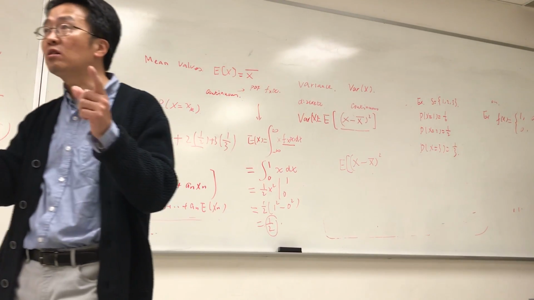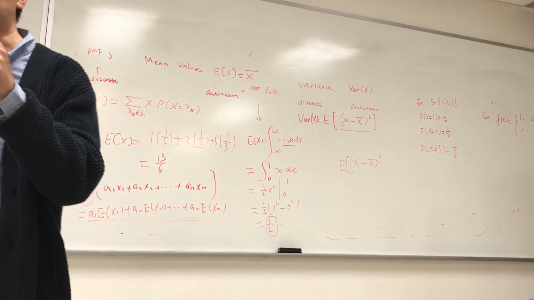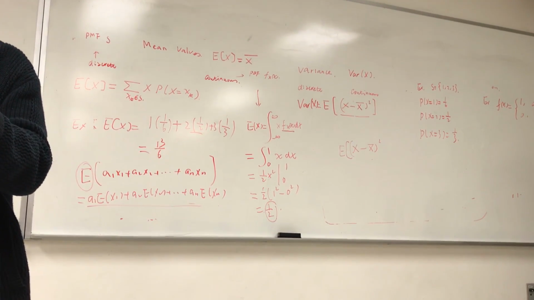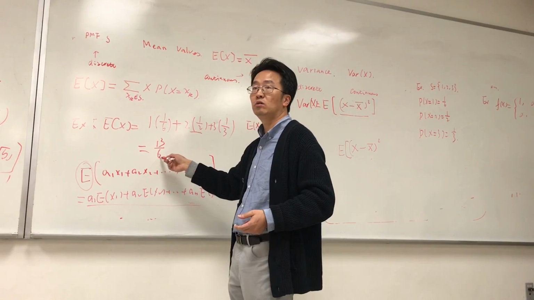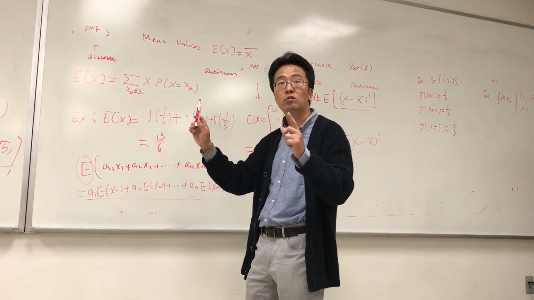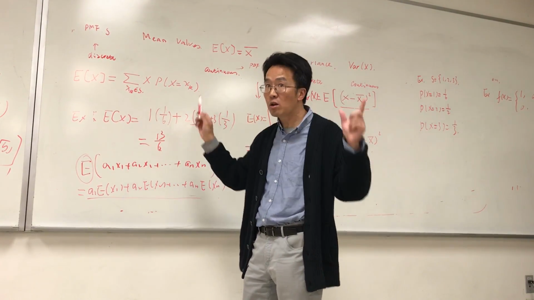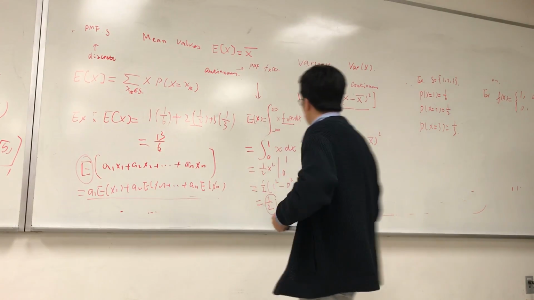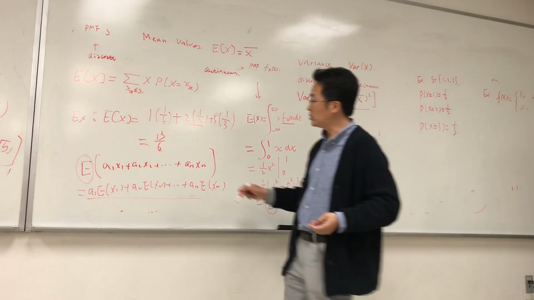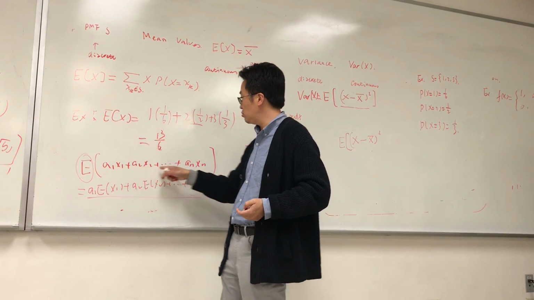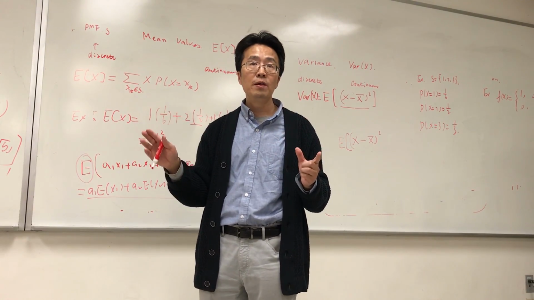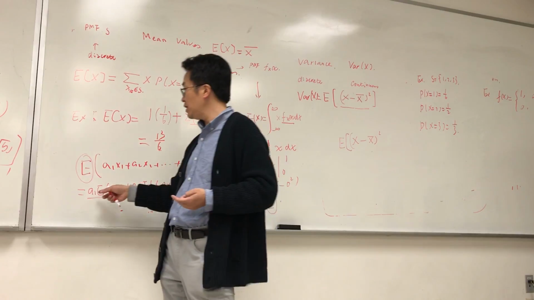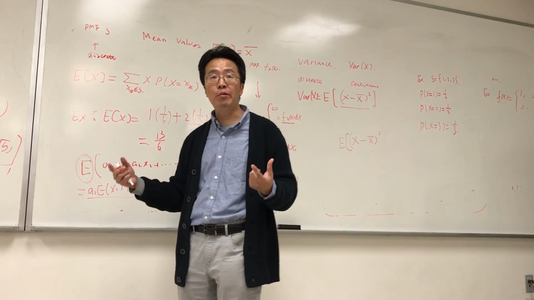It's not random anymore, it's deterministic. For example, in this case, the mean is 13/6. It's fixed, it's a constant. Keep that in mind. That's the reason why a1, a2, an are just constant coefficients. They are not random, so they can be taken out of this E operation.